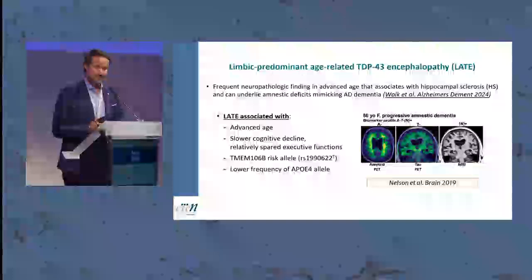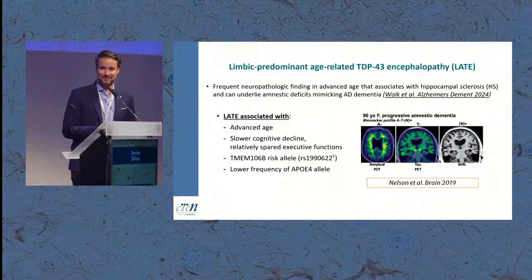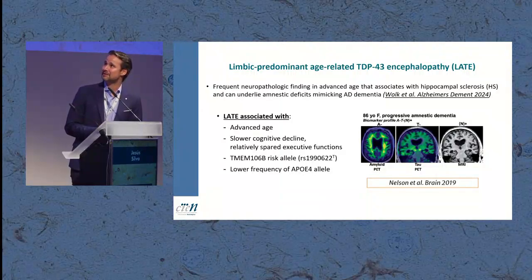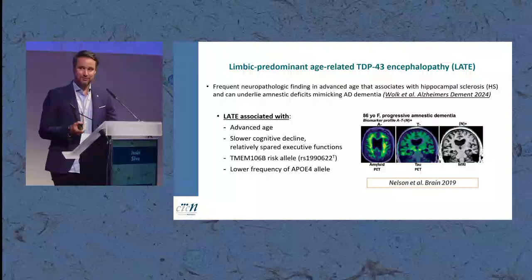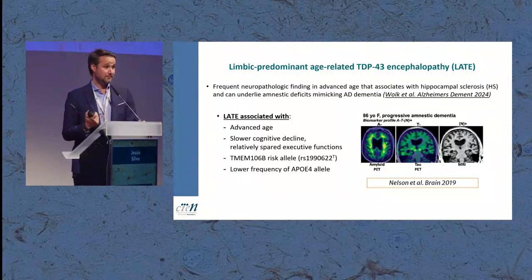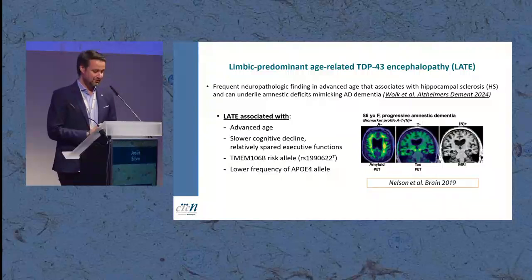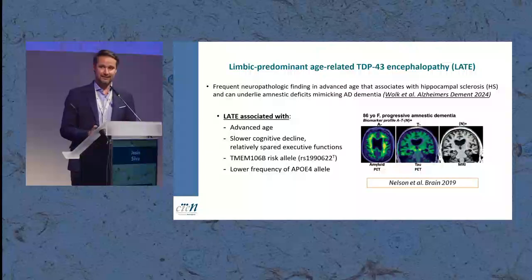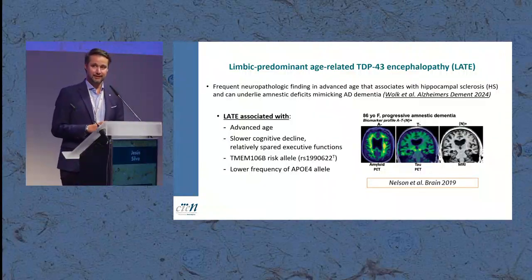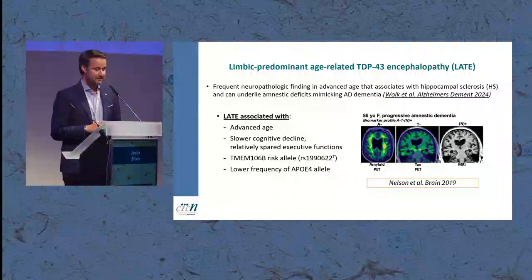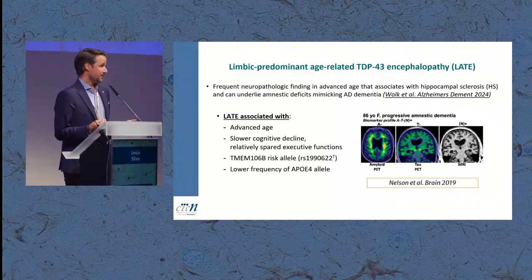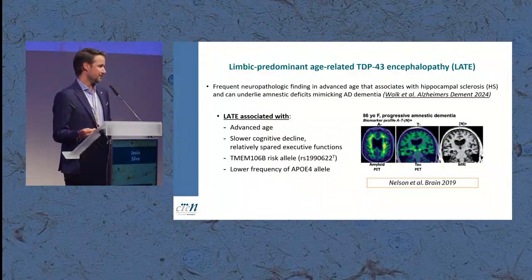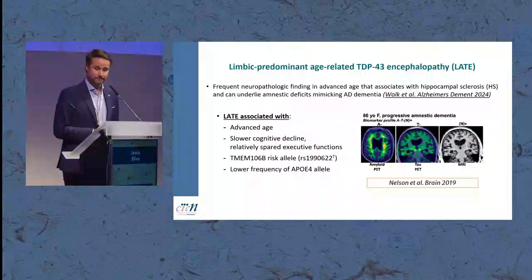And I will not go too deep into LATE because it has been discussed many times and we just heard from a world-leading expert in the topic. Just to remind you of some characteristics that will be relevant later in this presentation, LATE is associated with advanced age and generally a very slow cognitive decline compared to Alzheimer's disease. And it is very amnestic predominant, so other functions like executive function will be very spared compared to AD.